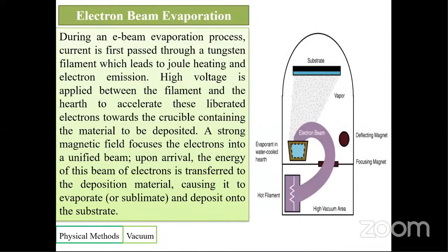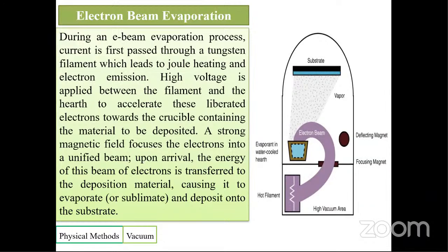The next one is the electron beam evaporation process. In this process, we are using the energy of the electron beams, which are generated from the hot filament, or you can say the electron gun. High voltage is applied between the filament and the anode to accelerate these liberated electrons towards the crucible where the material is kept.